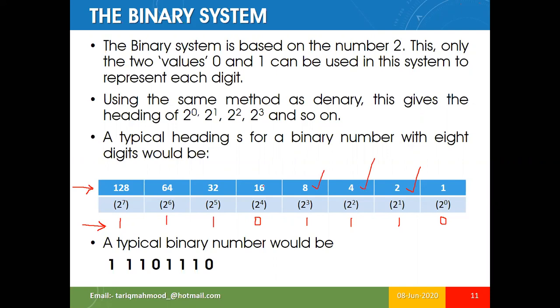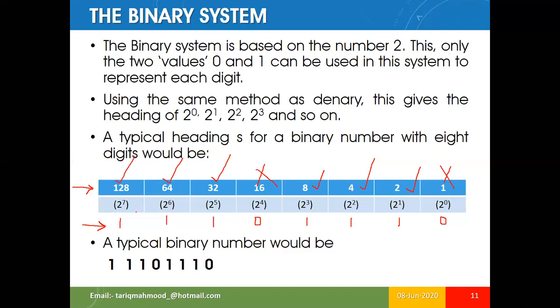We ignore all those columns which have 0, so we are not adding this number, and similarly not this one. We are adding 32, 64, and 128.